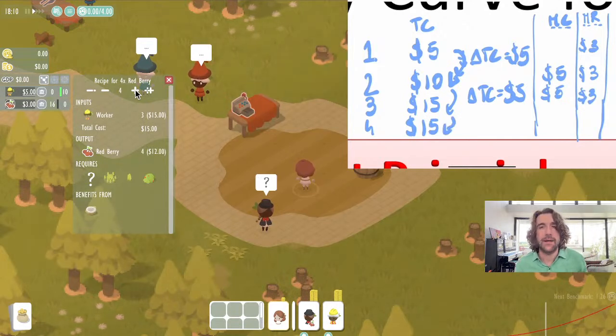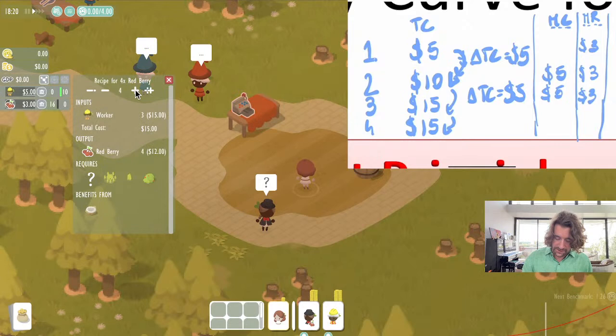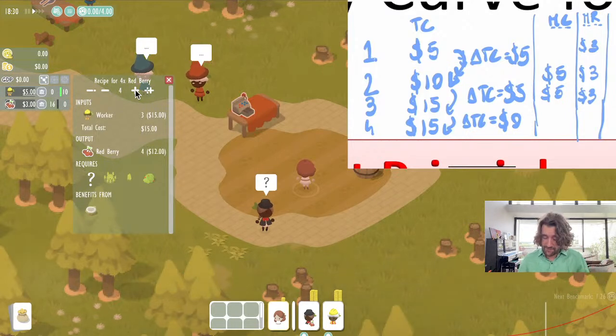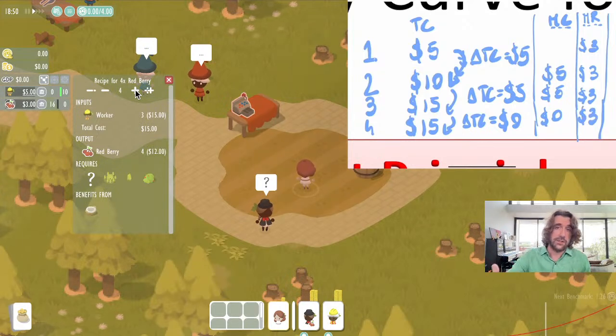The total cost now becomes constant. Oh, that's interesting. This means that the change in total cost is $0. It costs you nothing in terms of marginal cost to go from 3 to 4, because when you hire 3 workers, they can produce 3 units, but also easily produce 4. Very well. The marginal revenue is always $3 because at each unit you can sell for $3.